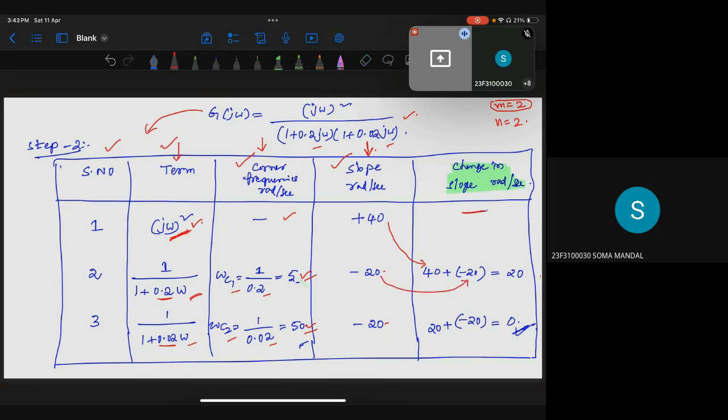What is the slope now? +20. Is it clear? Next, this is the existing slope. We add a slope of -20. Then the resultant is 0. Is this step clear?